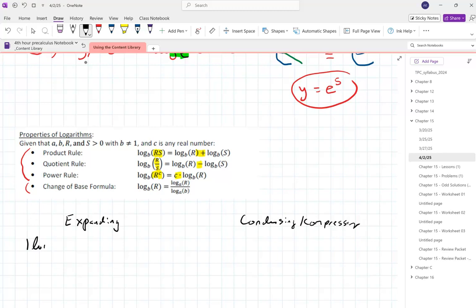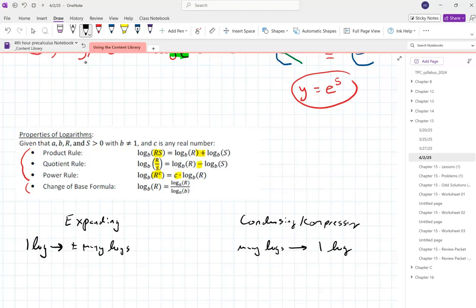For expanding, you're going to take one logarithm and write it as the sum or difference of many logarithms. For condensing or compressing, you're going to take many logarithms and try to write it back as one logarithm.